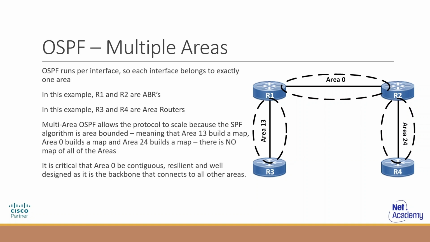It just says, just go to your ABR, and your ABR takes care of it. Gets up to R2, and that says, how do I get to area 13? I just go to the other ABR, R1, and then R1 has a complete map of area 13 and can get to any of the networks and take the most efficient cost to get there. Otherwise, you're just taking your most efficient cost to get to the ABR. That's an important distinction, and I just wanted to be clear about it.